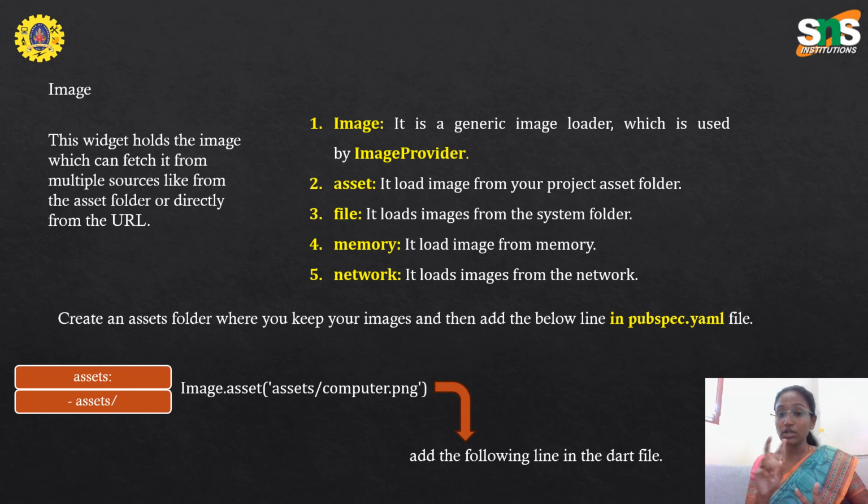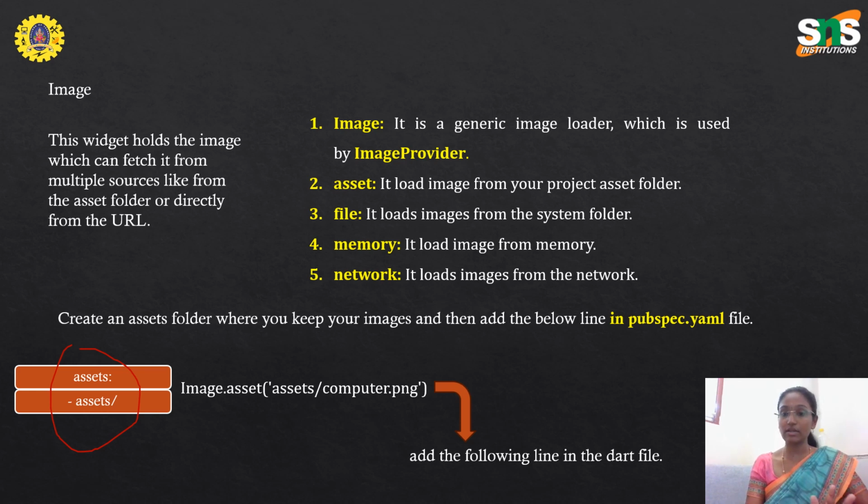Okay, we have two ways to upload my images. The first one is we go for the asset, and next we have a child and a subfolder, that is the assets. Okay, hyphen asset and slash, this is the subfolder. Whatever images we want, we drag those images and save them in that particular folder.